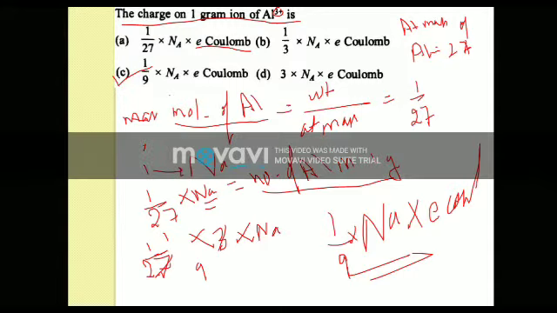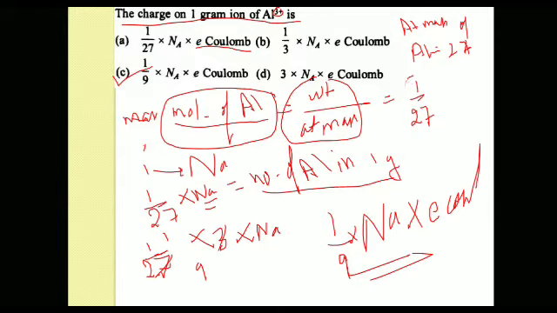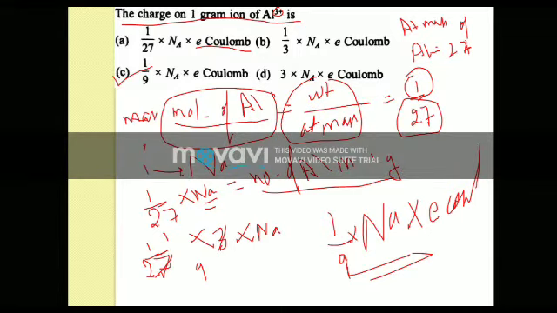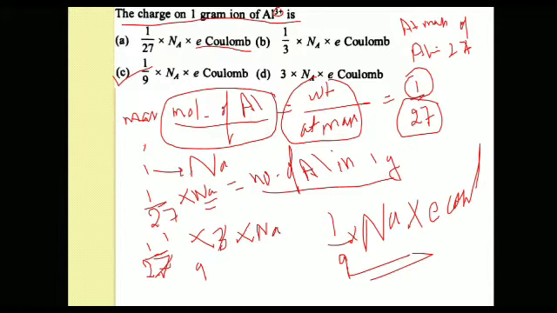See, basically what you have to do is, first you calculate how many moles of aluminum are present. What is the formula for moles? Weight divided by atomic mass. The weight is given as 1 gram in the problem. The atomic mass of aluminum is 27, so 1 by 27 is your moles. I'm not converting this fraction into decimals, I'm just using it as it is. 1 mole will have Avogadro's number of atoms or molecules.